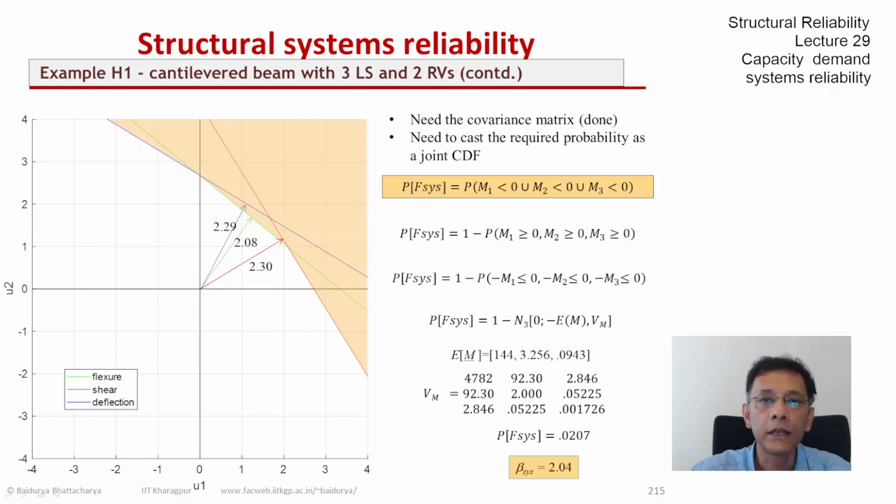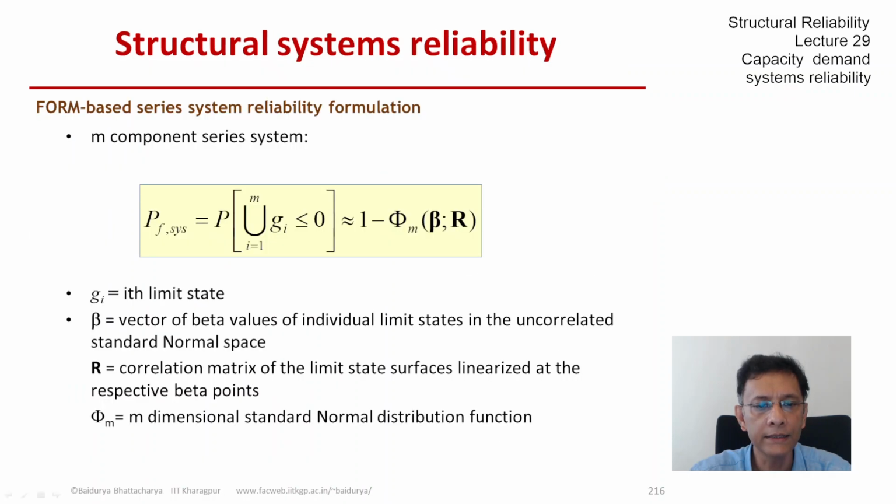This brings us to a nice conclusion of this system reliability problem of a single structural member. Now, if we have to generalize this and use FORM to solve this sort of series reliability problem, this is what it looks like.